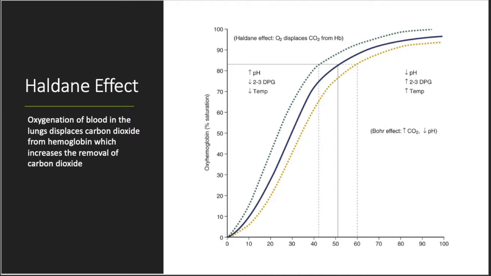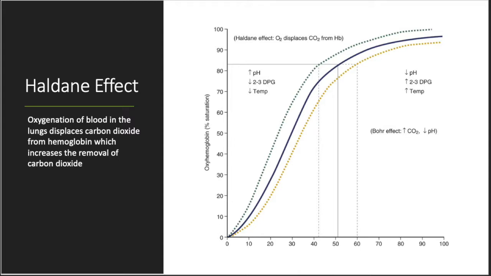Now, remember, when it displaces, there's no more room. The lower the PO2 of blood, the more room for CO2, and vice versa. The higher the pressure of oxygen in the blood, the less room for CO2. So basically, this is the ability of the blood to carry CO2 away or deliver oxygen.